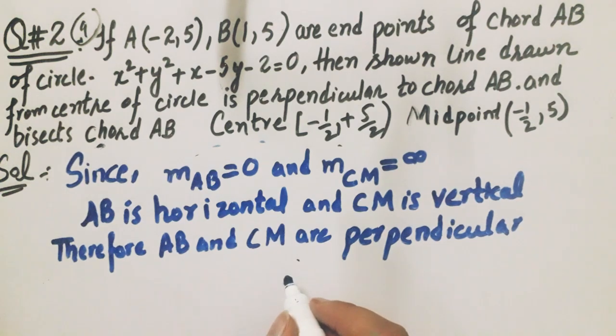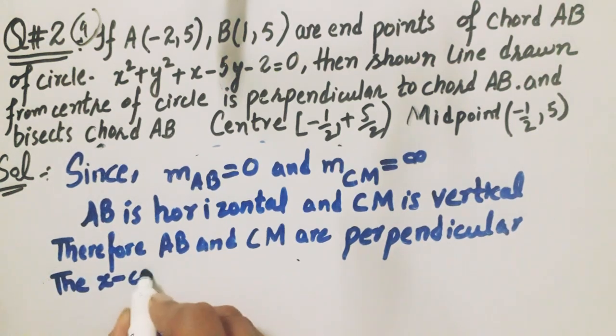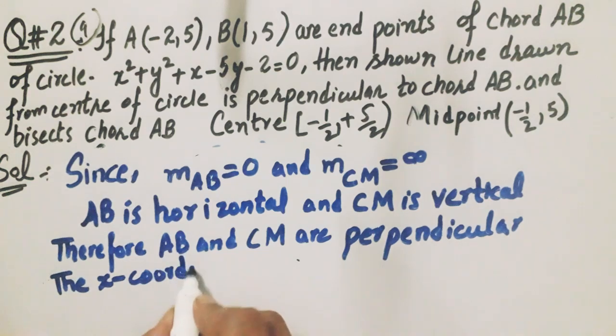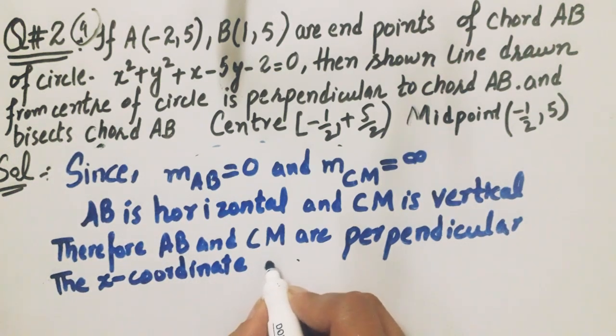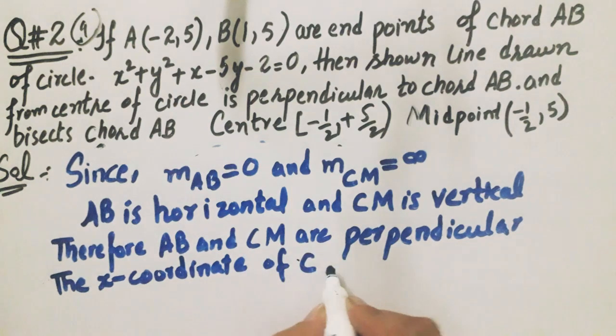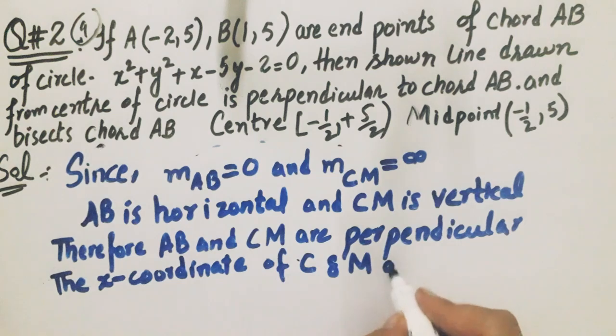It means that the x coordinates of C and M, center and midpoint, are same.